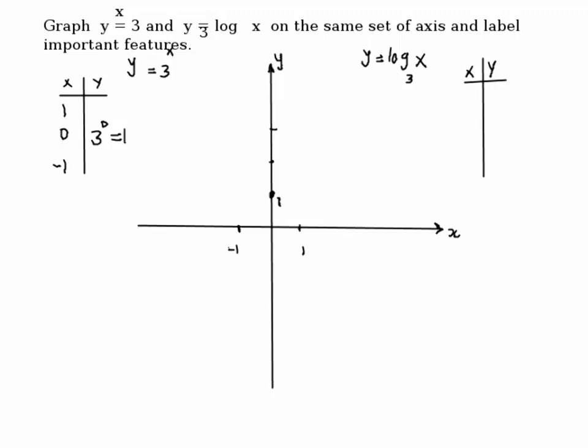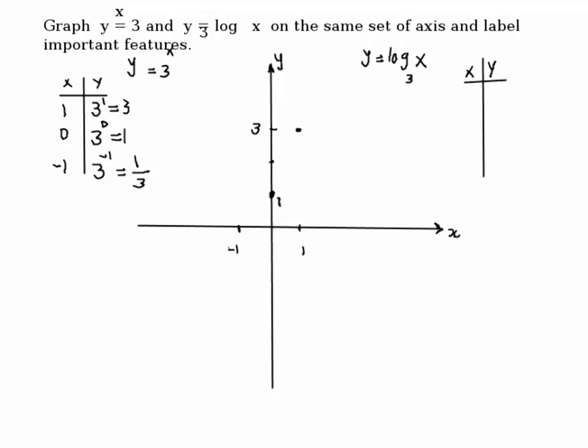If x equal to 1, y would be equal to 3 to the power of 1, which is equal to 3. So my graph is going to pass through this point. If x equal to minus 1, y would be equal to 3 to the power of minus 1, which would be 1 over 3.